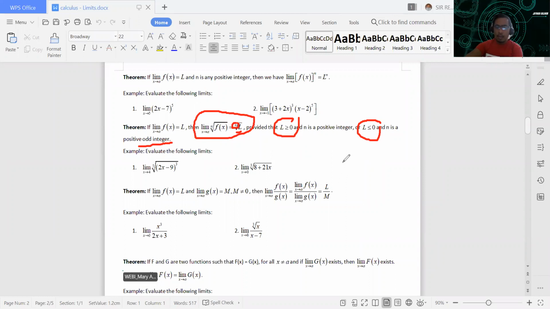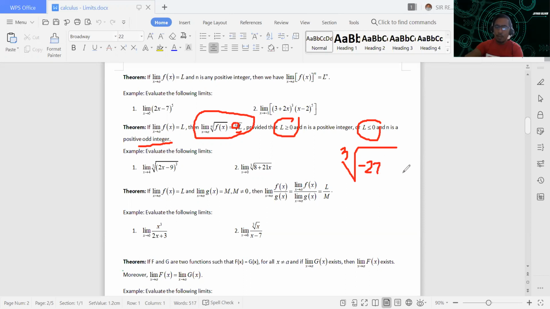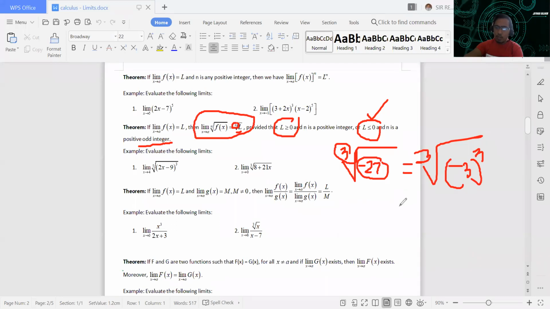For an odd index, for example the cube root of, say, negative 27, there is an answer, right? Even though what is inside is negative, less than 0, since the index is odd you can get the answer. Why? Because this can be written as negative 3 cubed, right? Agree? Yes, sir. So this will be canceled out, and your answer is negative 3.